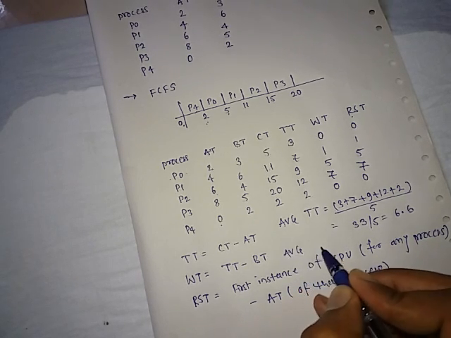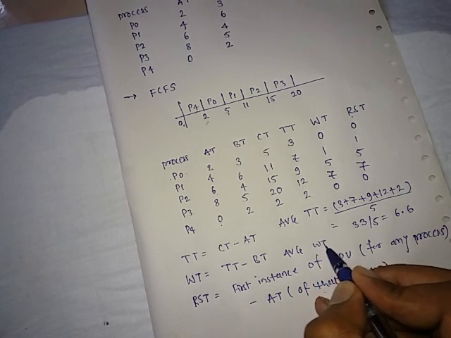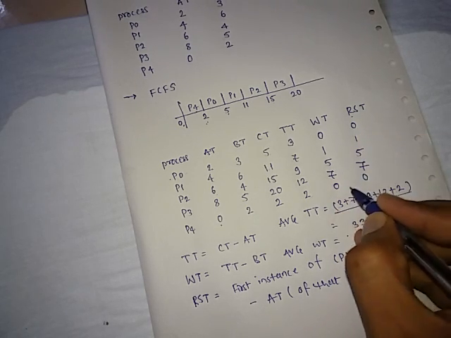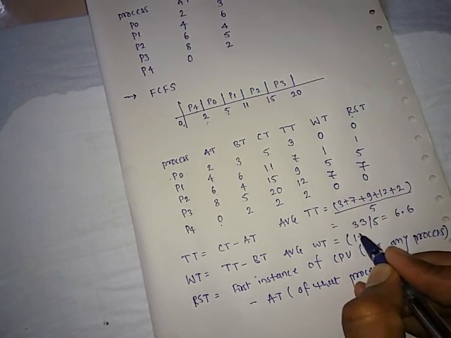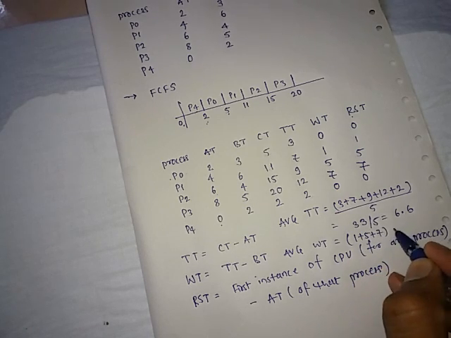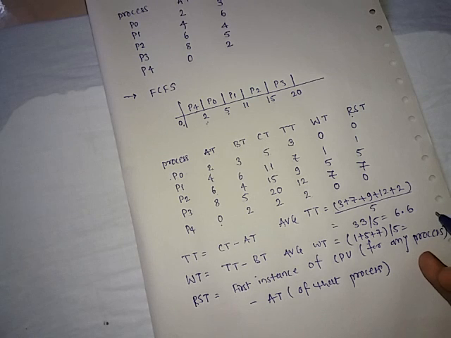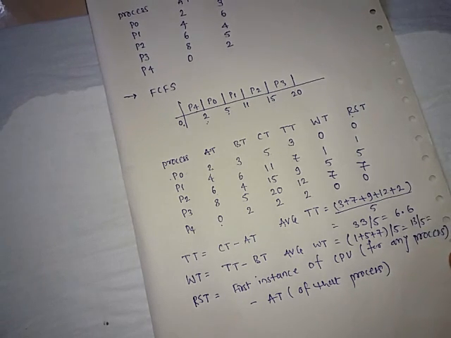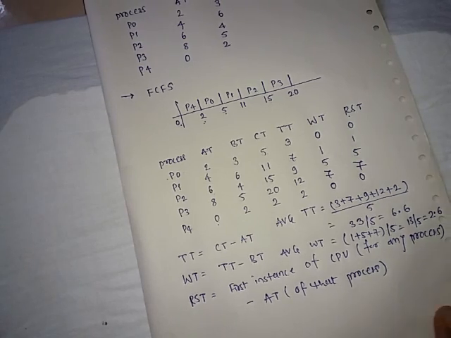Next one is average waiting time, and this can be calculated by again adding this, 1 plus 5 plus 7, divided by 5 processes, and the answer is 13 divided by 5, and it remains 2.6. So the average time is this.